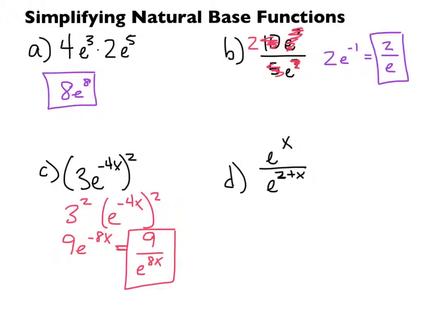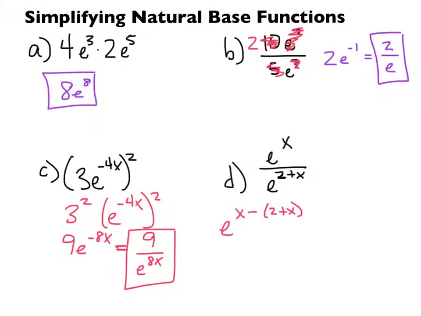Alright, this last example is a little bit more complicated because the exponents are variables. So instead of just canceling, we're going to have to use the subtraction method. Here we have e to the x, and if I'm subtracting their exponents, that'd be minus all of 2 plus x.